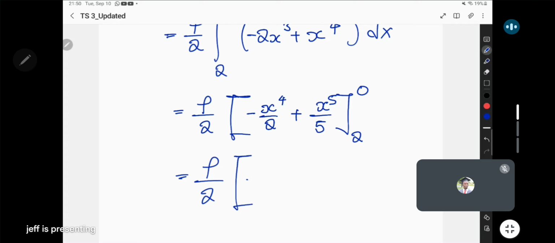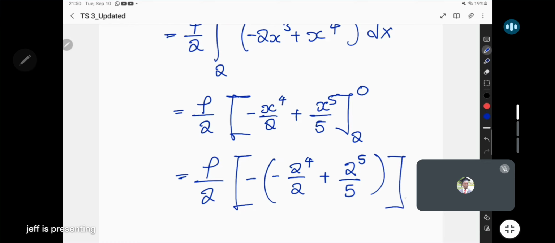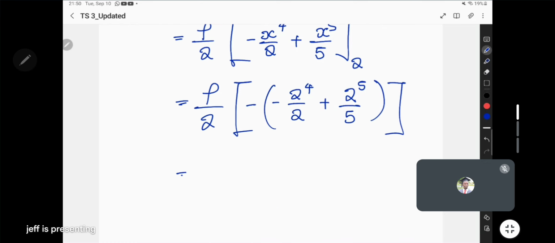So we'll have minus, when you substitute the lower limit, it's going to be minus 2 to the power 4 over 2 plus 2 to the power 5 over 5. So this is basically what we're going to have here. So that you have rho over 2.